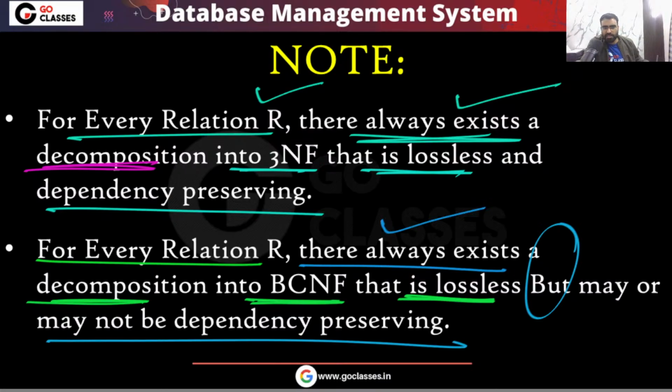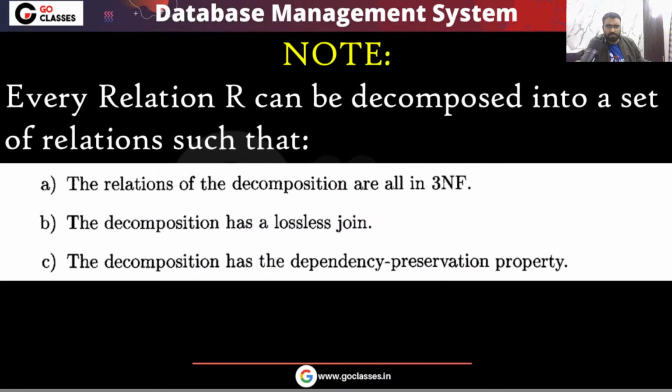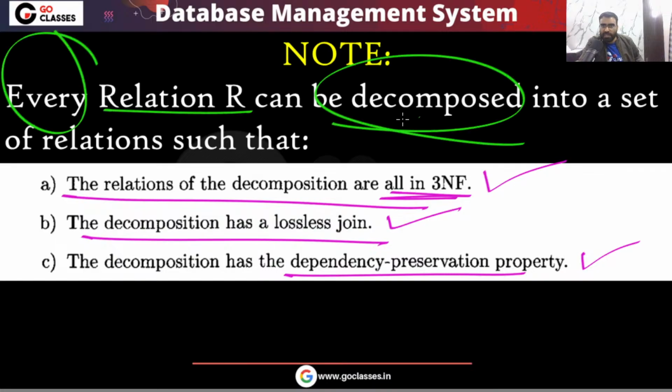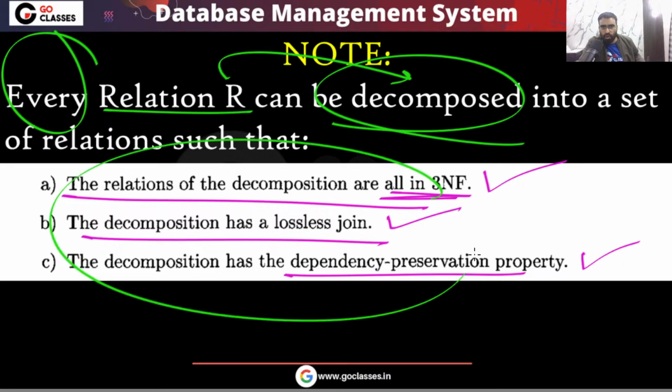Okay, so this is the simple point. This is what I'm saying, that every relation R can be decomposed into a set of relations such that all these three properties we will get. Which three properties? Every sub-relation will be in 3NF, the decomposition will be lossless, and the decomposition will be dependency preserving. So remember, for every relation R, there is some decomposition which will give you all these three properties.